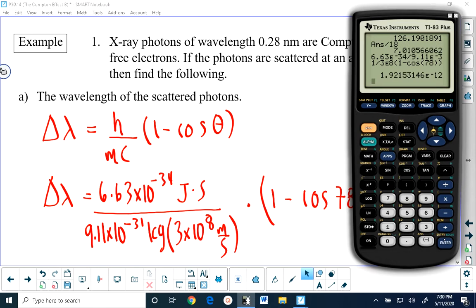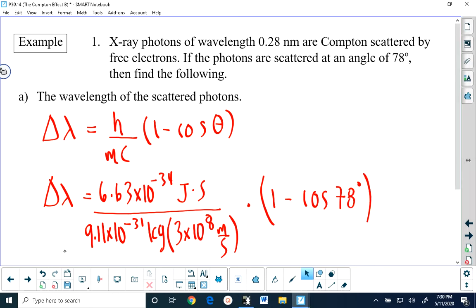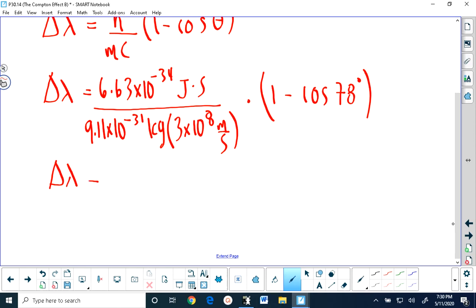And what I get for the change in the wavelength is 1.92 times 10 to the negative 12. So my change in the wavelength is 1.92 multiplied by 10 to the negative 12 meters.